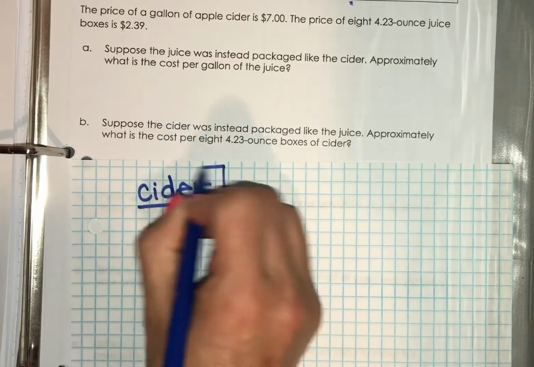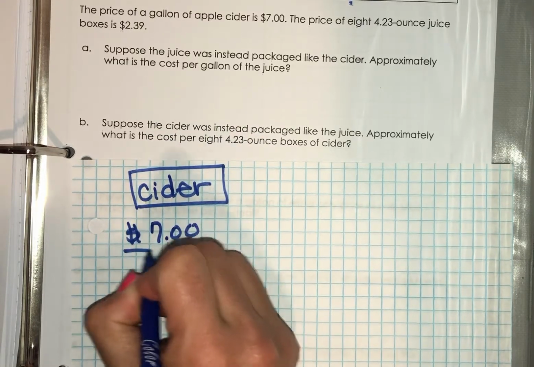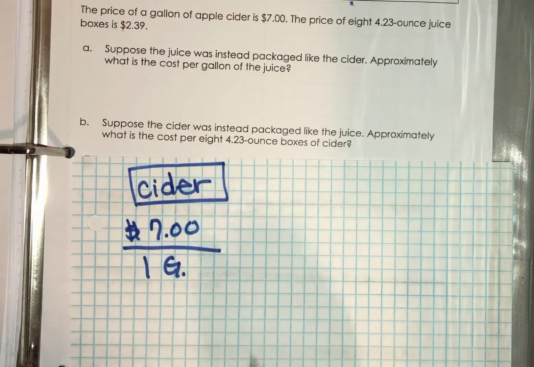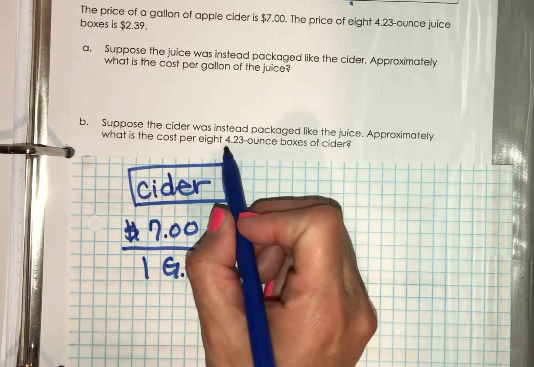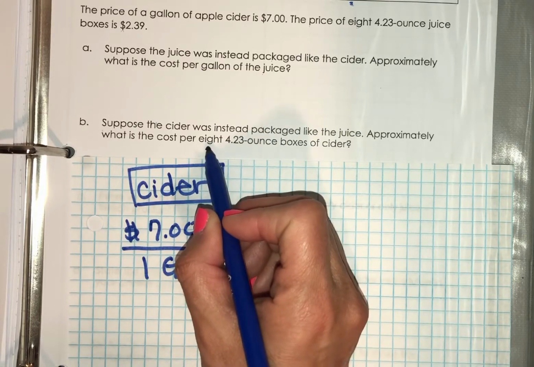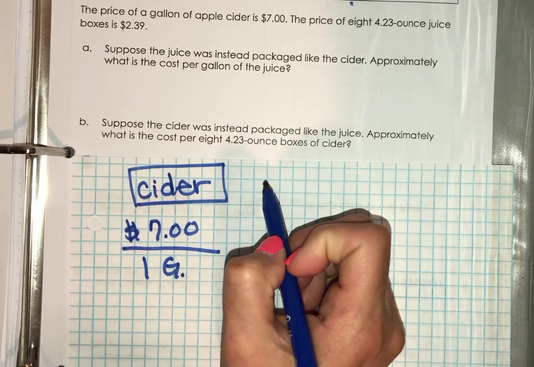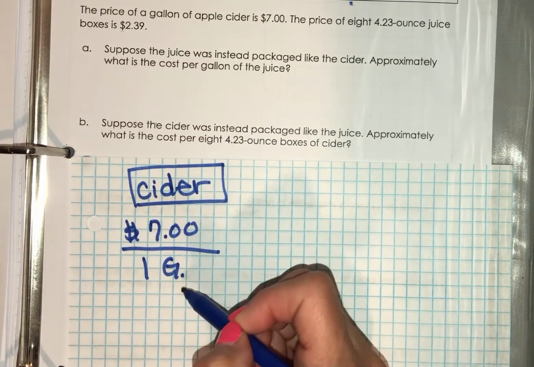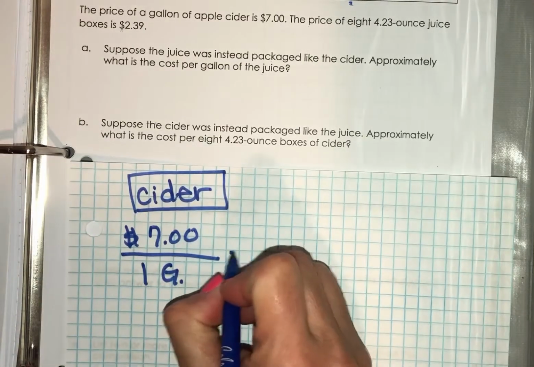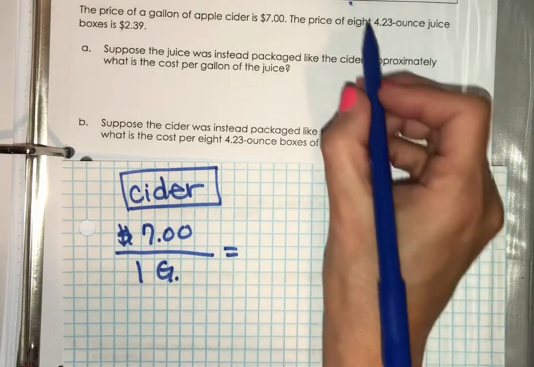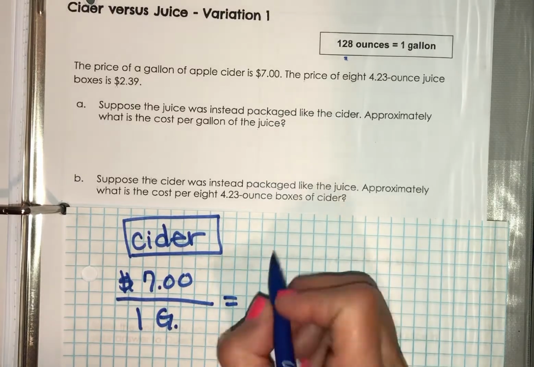Our cider, we said, was $7 over 1 gallon. So they want us to find the price of the cider if it was packaged in 8 4.23 ounce boxes of cider. So you guys will do the same thing. Find the price per ounce. How many ounces are in a gallon? It tells you up here. 128 ounces in a gallon.